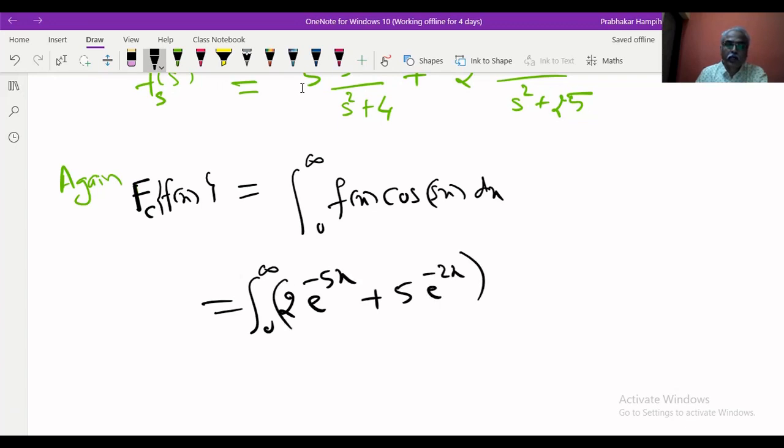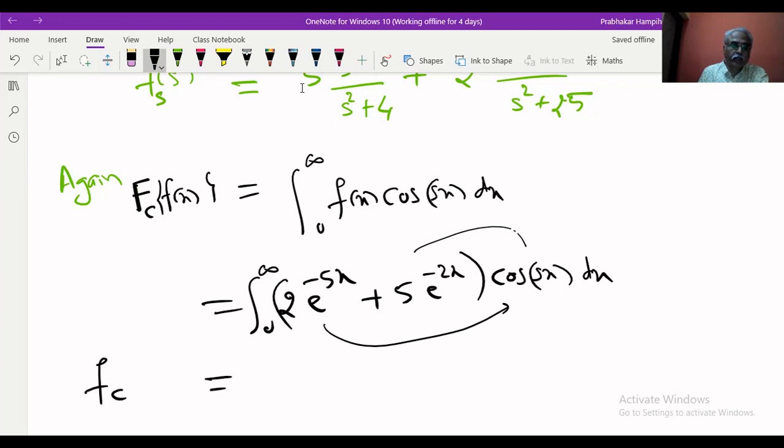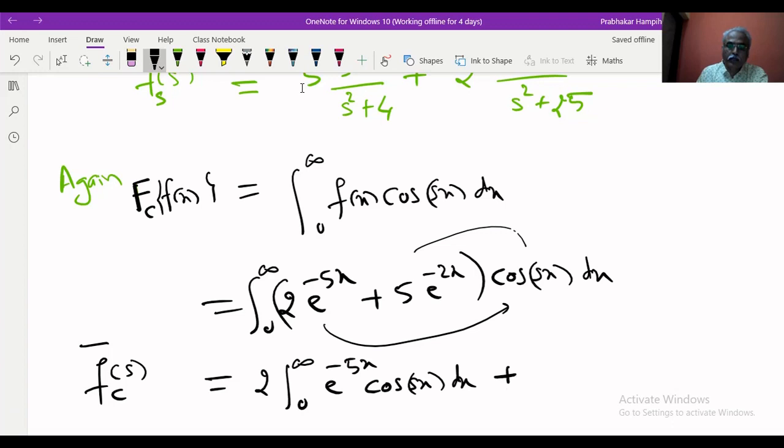To this you multiply the cosine function and integrate. So again, separate by linearity property, Fourier cosine function, some function of s we get: 2 times outside 0 to infinity e raised to minus 5x cos sx dx plus 5 times 0 to infinity e raised to minus 2x, again cos sx dx.